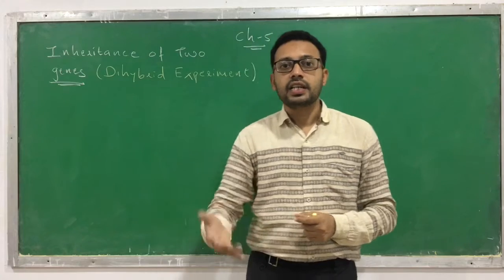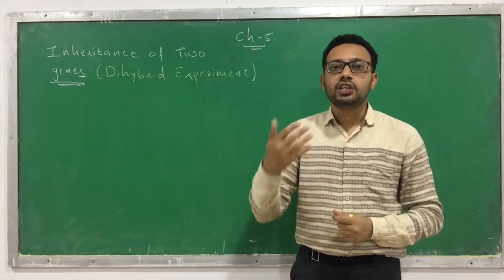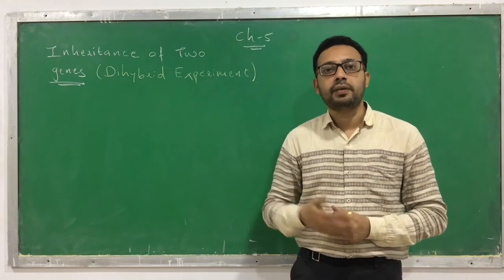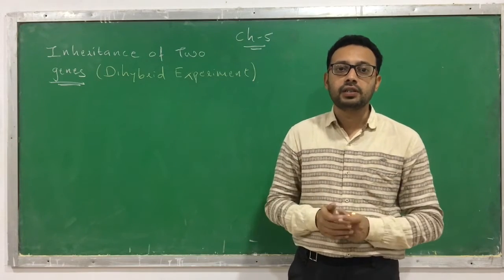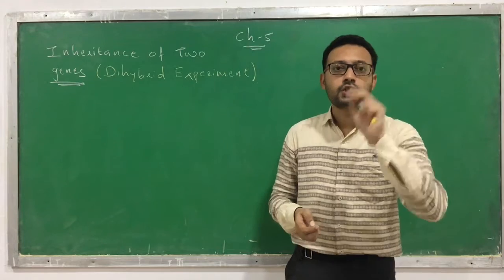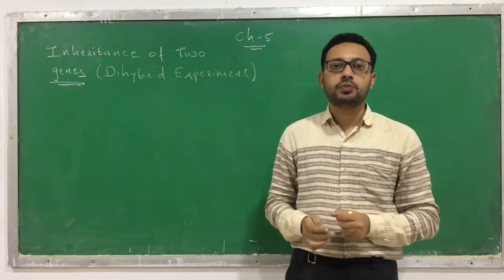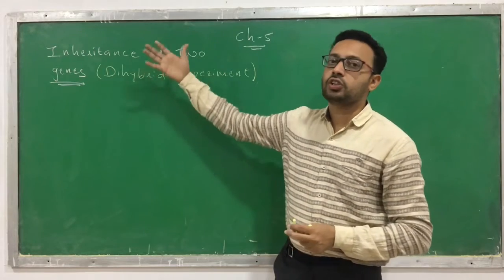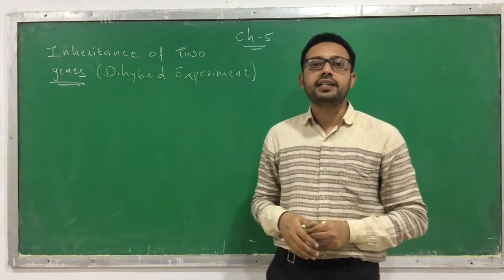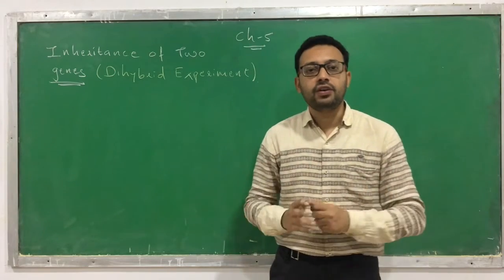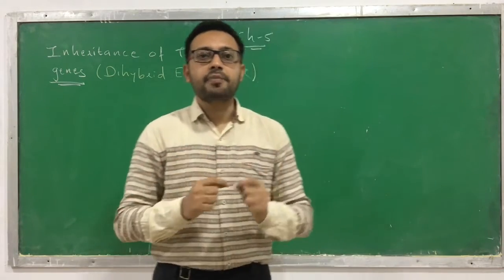Hence, even though there is no dwarf plant in the F1 generation, you can find the dwarf plant in the F2 generation. Mendel proposed these two laws from the monohybrid experiment. Similarly, he also suggested a law from the inheritance of two genes, the dihybrid experiment. But first, we will learn the dihybrid experiment.